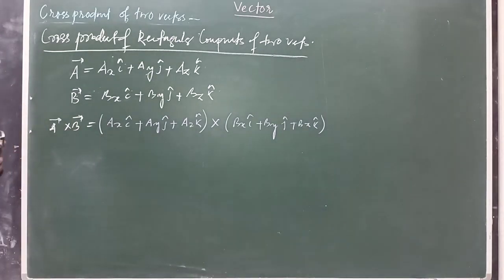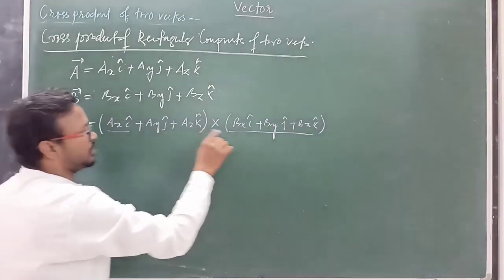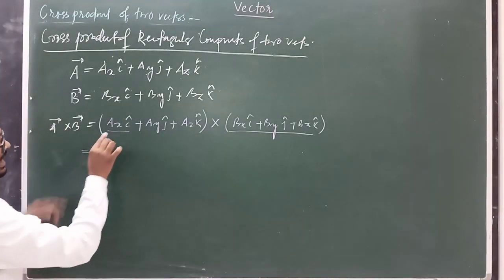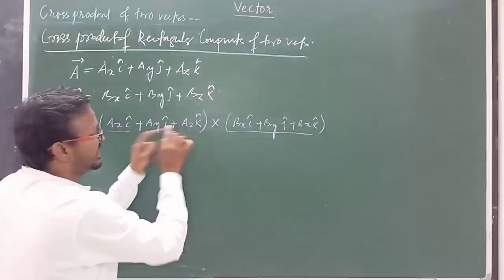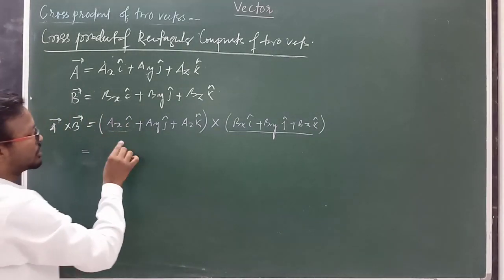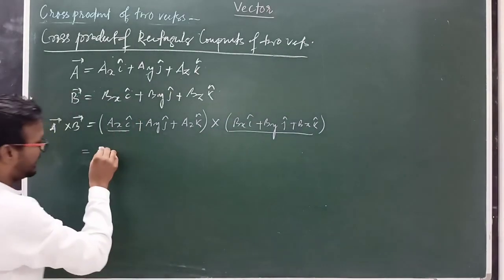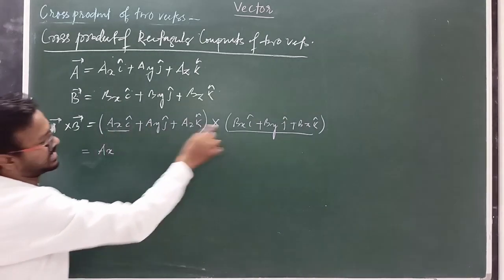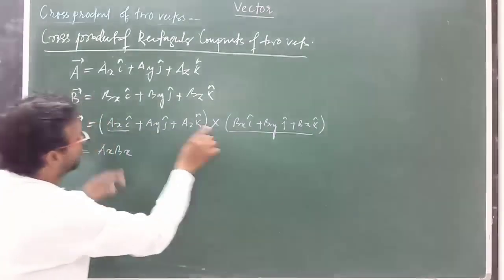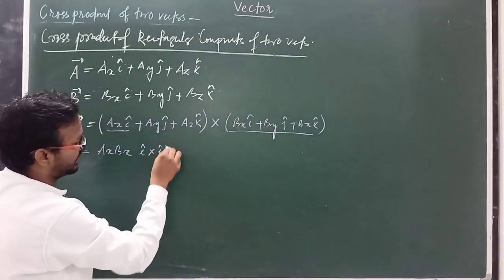Now multiply Ax i cap with this total term, Ay j cap with this total term, and Az k cap with this total term. Ax, Ay, Az are scalar quantities, but here the vector has magnitude and direction. So when you multiply Ax i cap cross Bx i cap, Ax and Bx are scalars, so Ax Bx, but there is a cross product with the vector, so you write i cap cross i cap. Clear?